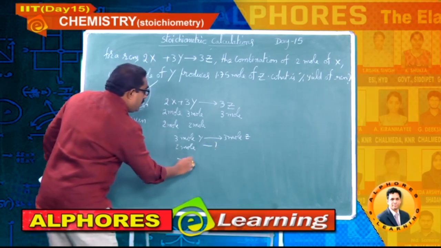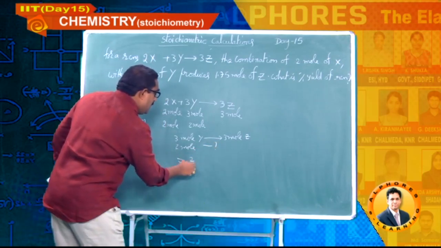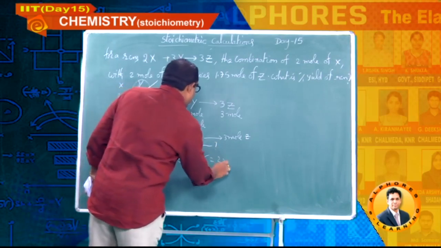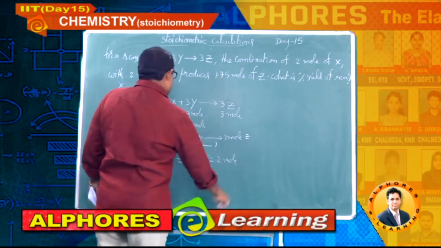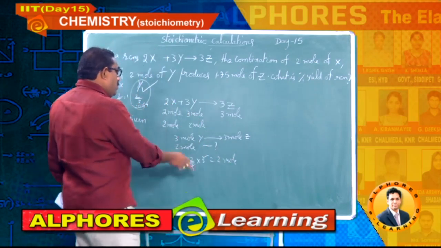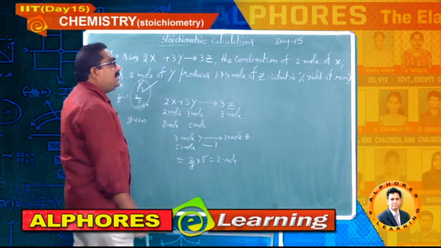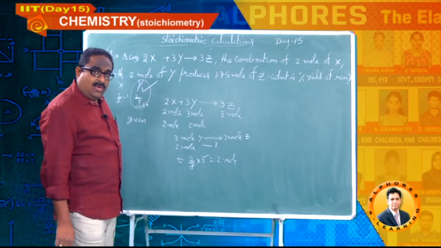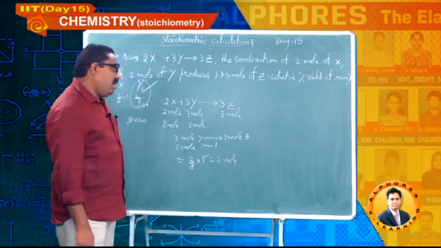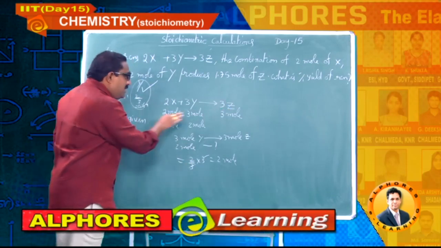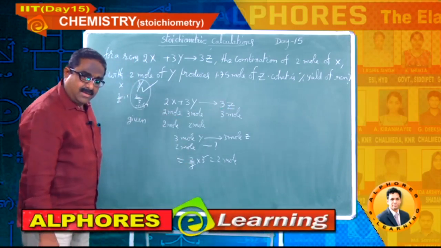So 2 by 3 into 3, that is 2 moles. 3 moles of Y gives 3 moles of Z, so 2 moles of Y gives 2 moles. This is the theoretically calculated formation of Z, including the concept of limiting reagent.